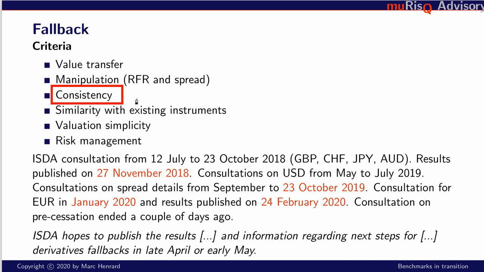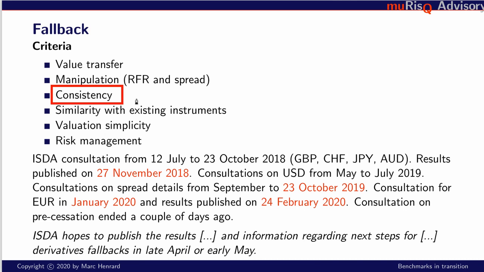You can ask for consistency at the instrument type level, for example, between derivatives and cash loans. That we know also that it will not be the case. The committees that take the decision for the fallback description are not the same for the different asset classes. And it was already decided that those fallback procedures will not be the same between the different ones.